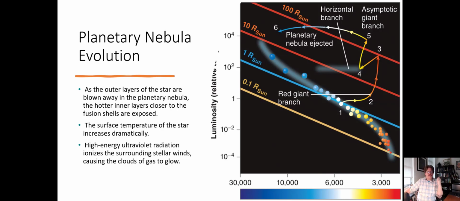And we get a lot of high energy radiation from it, because while it is not nearly as powerful as a supernova, we still have a lot of energy being produced, because the core is hot, and that is what illuminates the nebula.